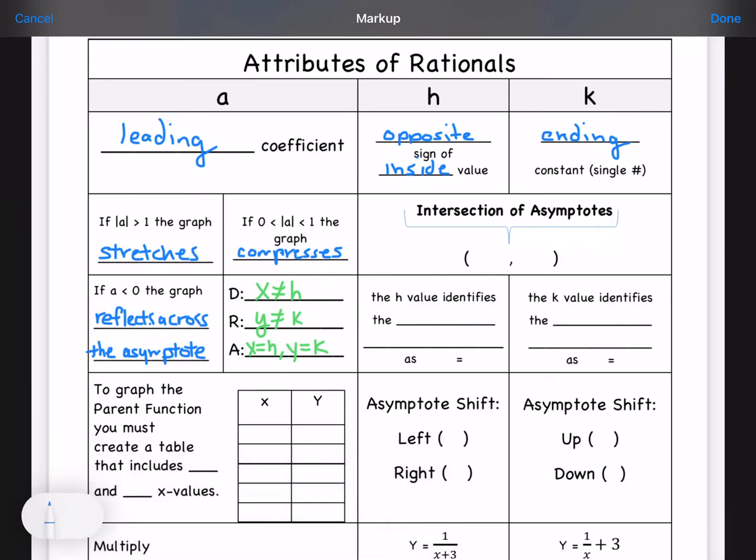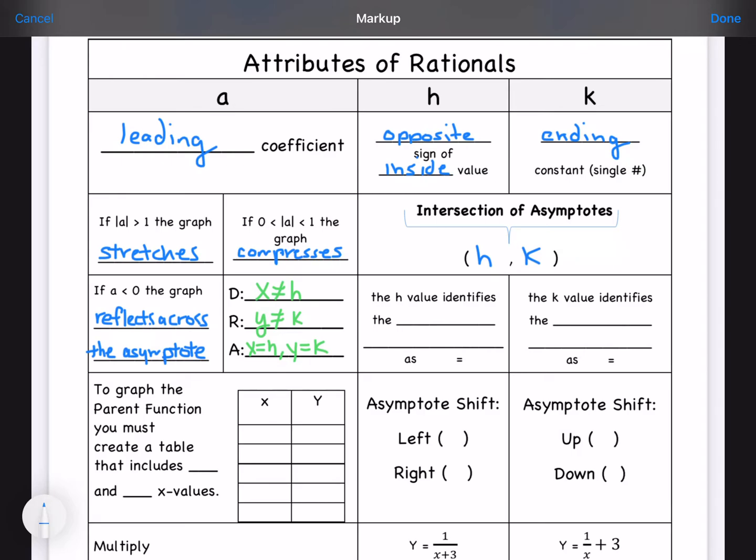And so now instead of having a vertex, we have an intersection of our asymptotes, and that's at (h, k). Just like before, where our vertex was at (h, k). So for rationals, that is where the two asymptotes intersect.